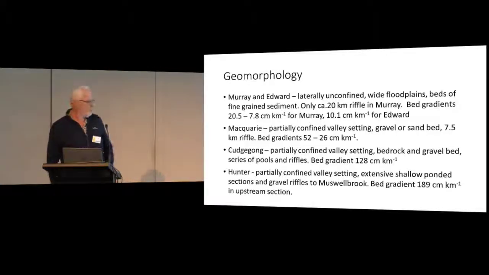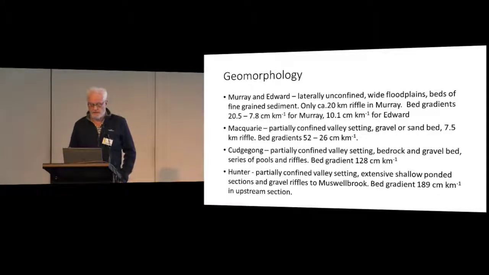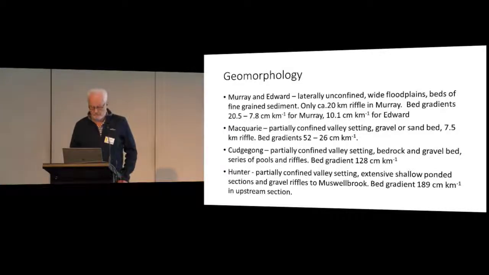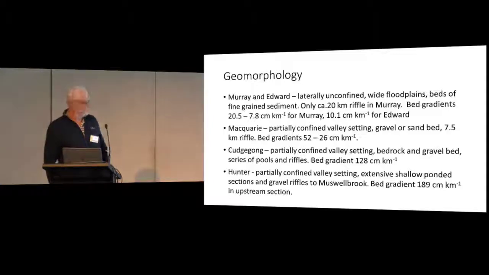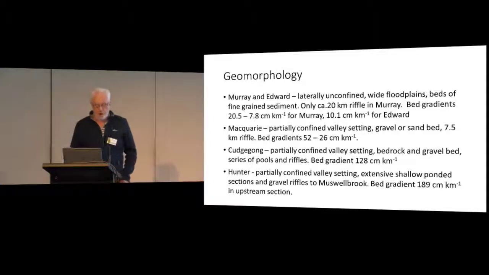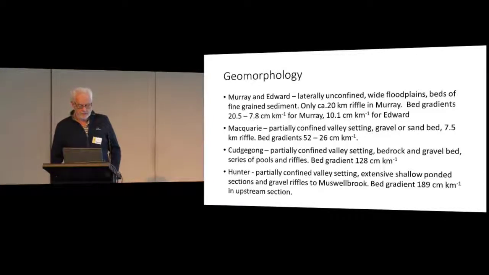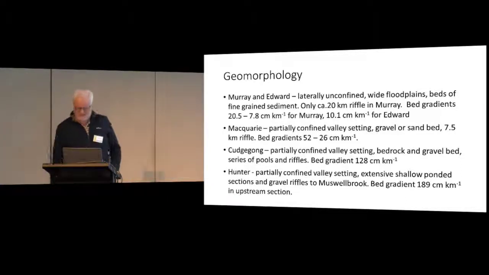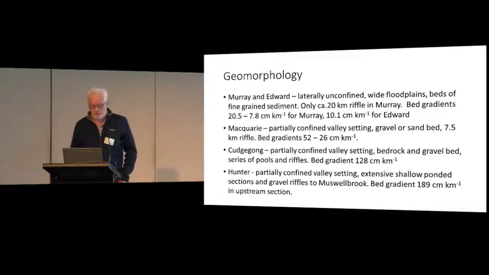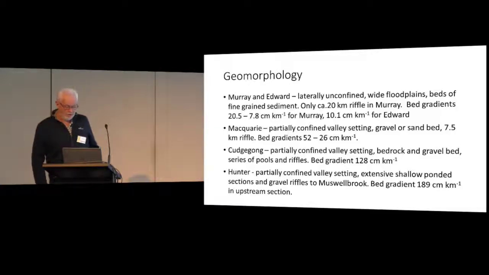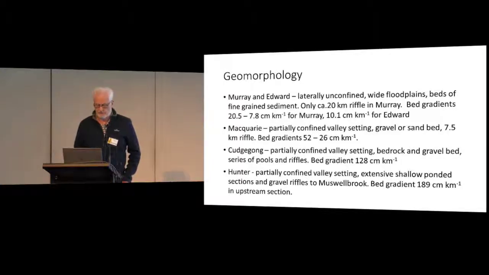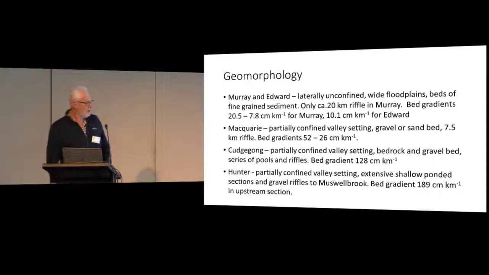The Macquarie River is partly confined in the valley setting and has gravel and sand beds mainly, with about 7.5 kilometres of riffle. The bed gradients there were a little bit steeper. They varied from 52 centimetres per kilometre just downstream of Burrendong Reservoir down to around 26 further downstream at Warren.